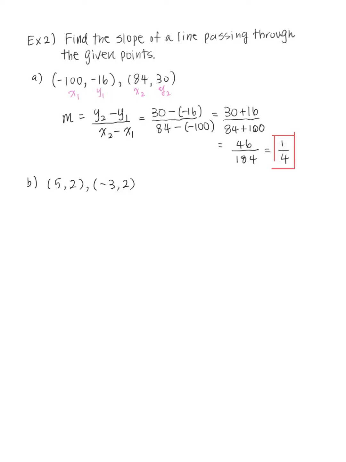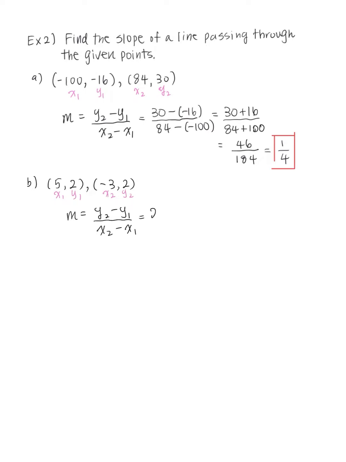Okay, so let's go. Again, I'm going to call this one x1, y1, and then x2, y2. So the slope m is y2 minus y1 all over x2 minus x1.